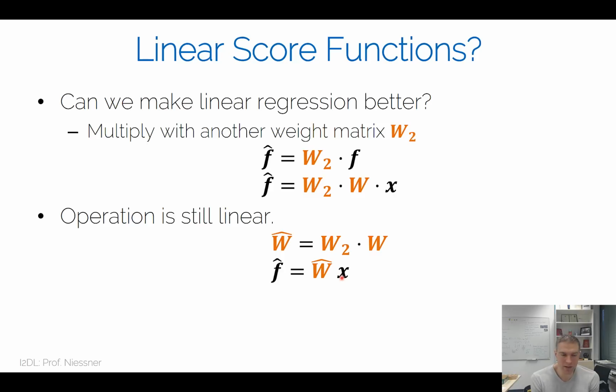And no matter how many times I multiply a different set of matrices here, at test time, once these parameters are being optimized, they're always going to be a simple matrix. So it's always going to be a linear regression.